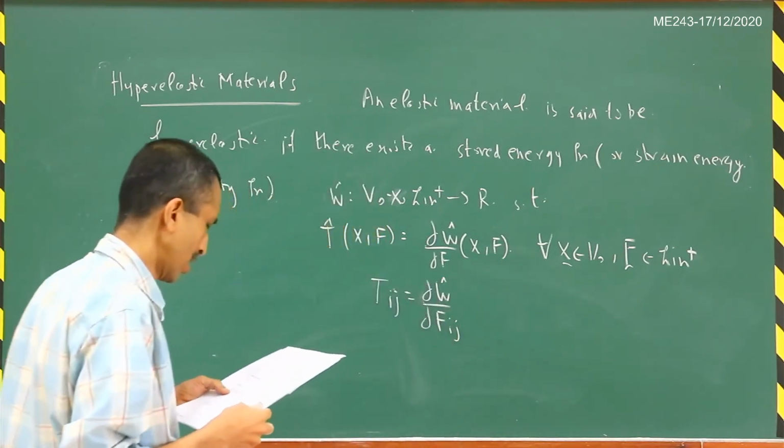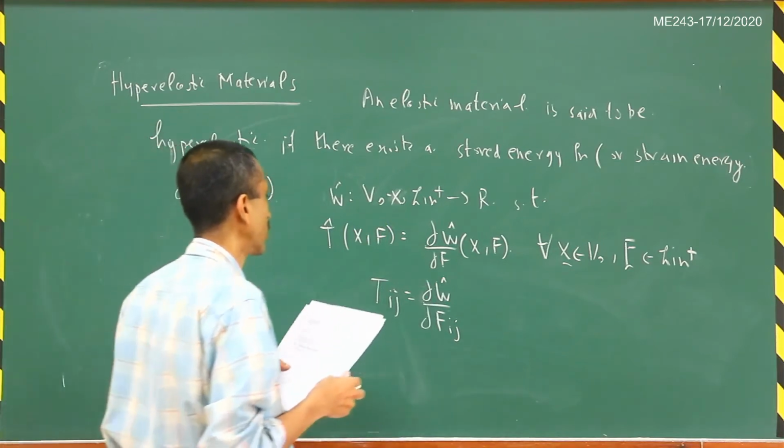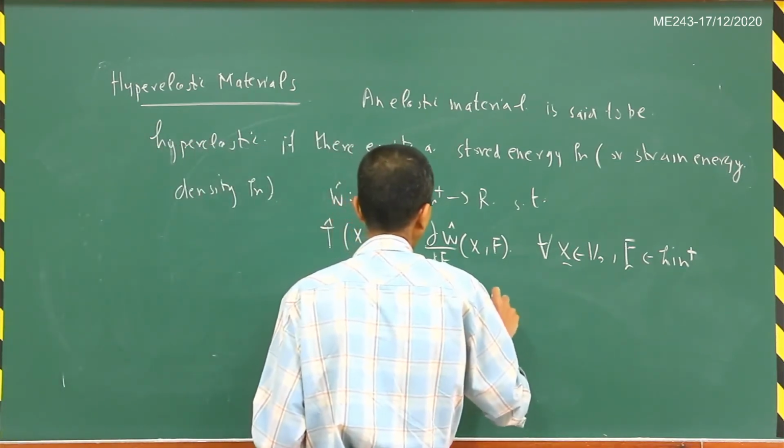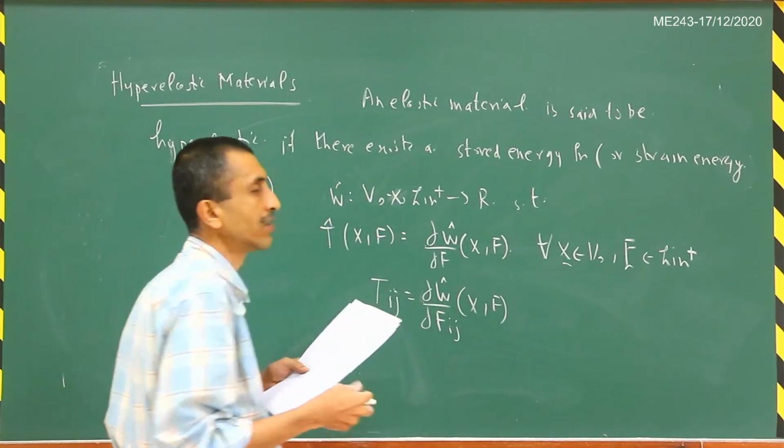So this is the component form of this particular relation here. So it's basically the gradient of the strain energy density function.